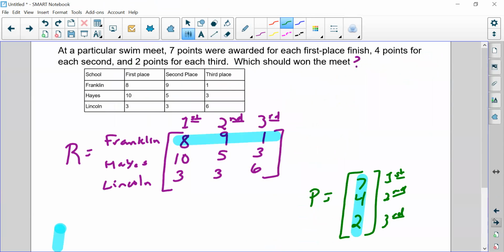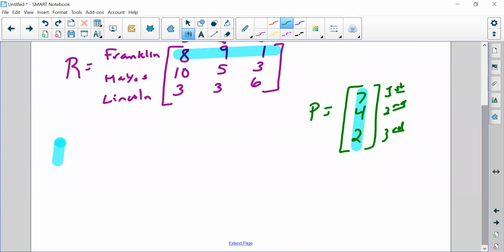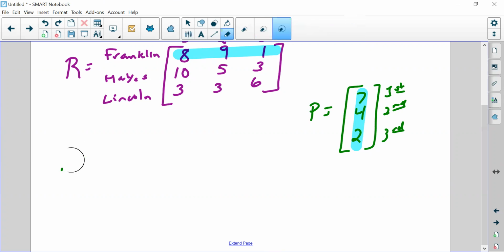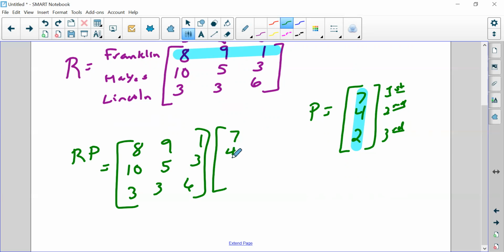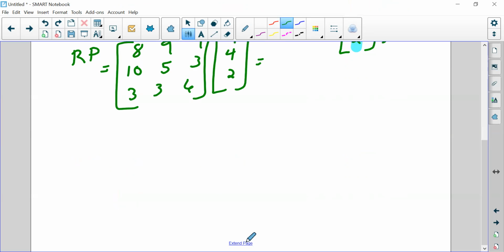To get the total points earned from each school, I need to figure out P times R. Oh, sorry, R times P. The results times the points earned. So I'm going to be calculating the matrix 8, 9, 1, 8, 5, 3, 3, 3, 6, times 7, 4, 2, to get our answer matrix here.